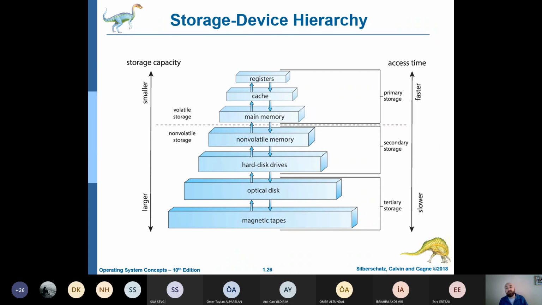That means when we lose the power, when we lose the electricity, the data on the primary storage will be lost. For that reason, if you have important data and you want to store your data or programs in a non-volatile manner, you have to use secondary storage. So for that reason, we need a secondary step to manage our memory.